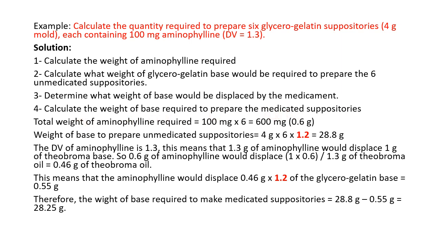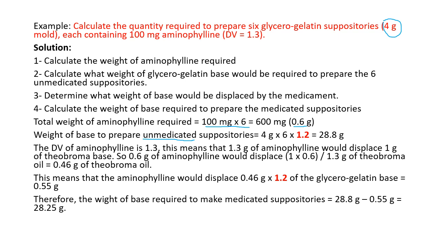So the total weight of aminophylline required to prepare the 6 suppositories will be 100 milligrams times 6, and this gives 600 milligrams or 0.6 grams. And then the weight of the base required to prepare the unmedicated suppositories would be 4 grams, because it's from the 4 gram mold.